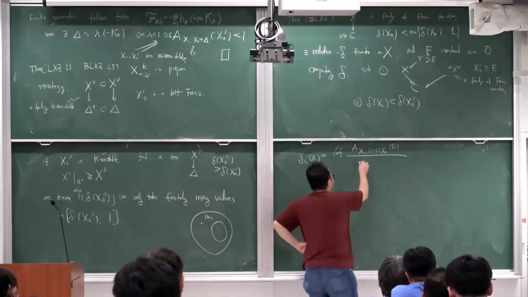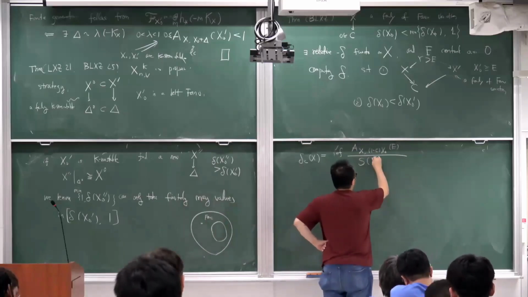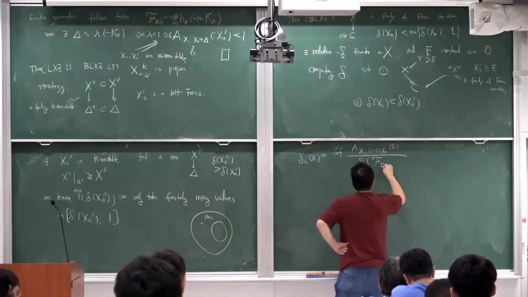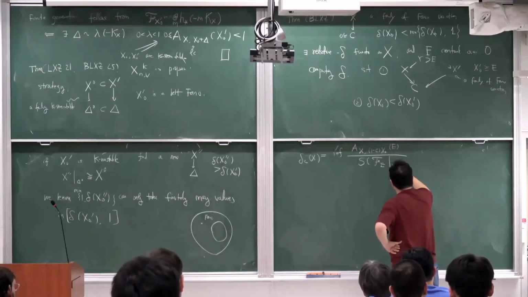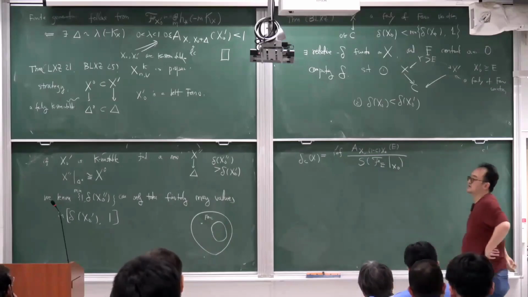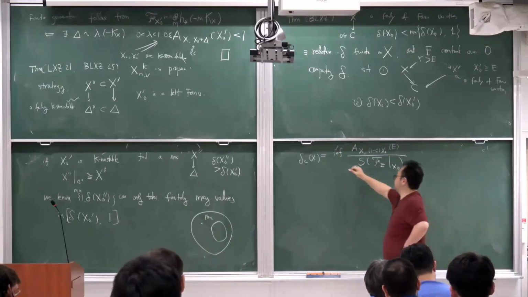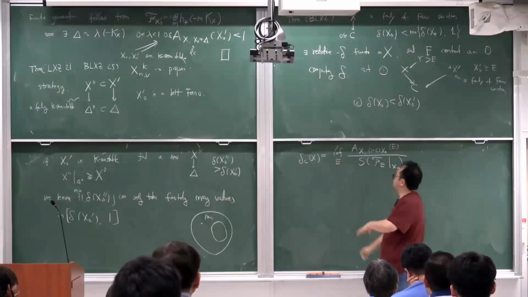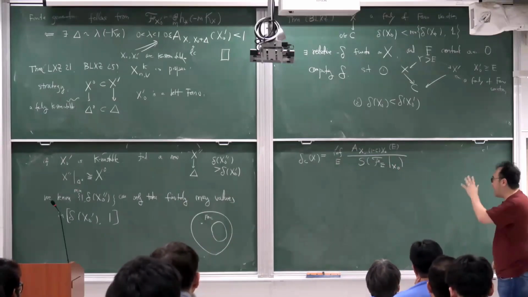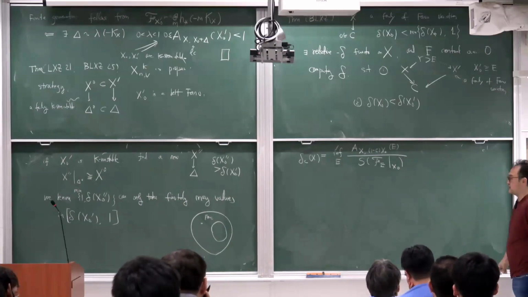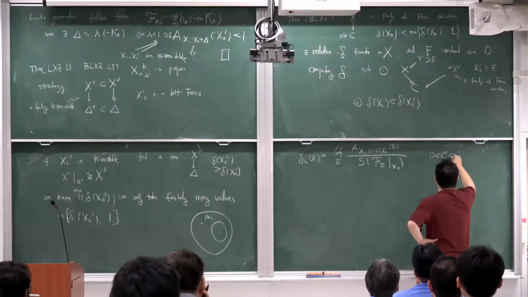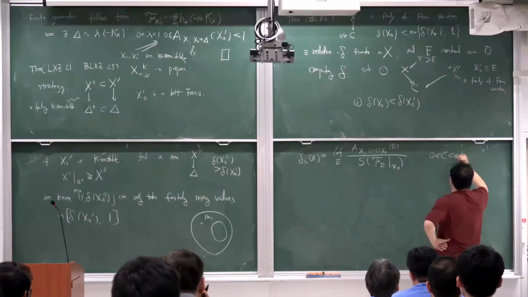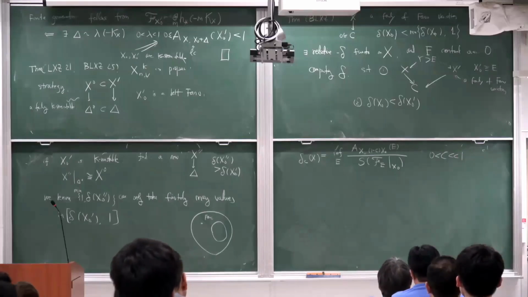And S is given by, now I have this filtration on the family, I restrict this filtration to the central fiber X0, and I look at all possible E. So this depends on C. And for our purpose, to make that theorem work, we need 0 < C strictly less than 1. So this is going to be the C we choose.